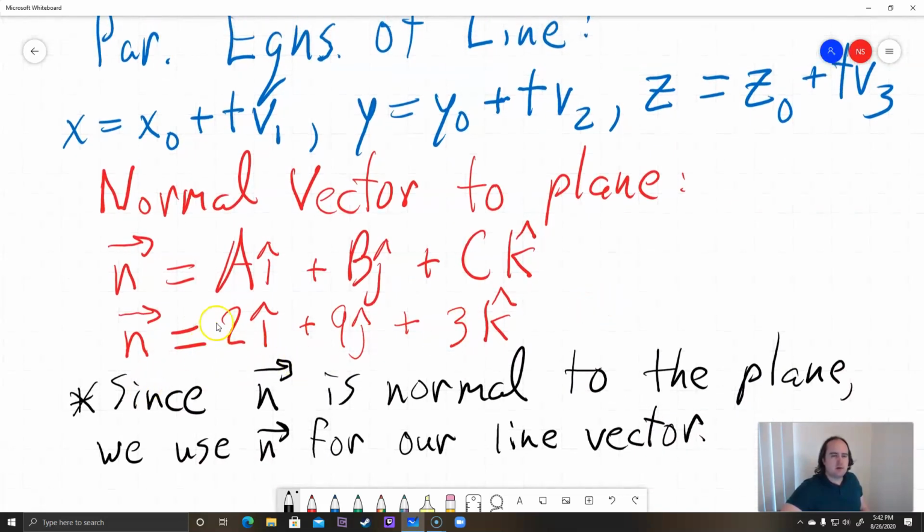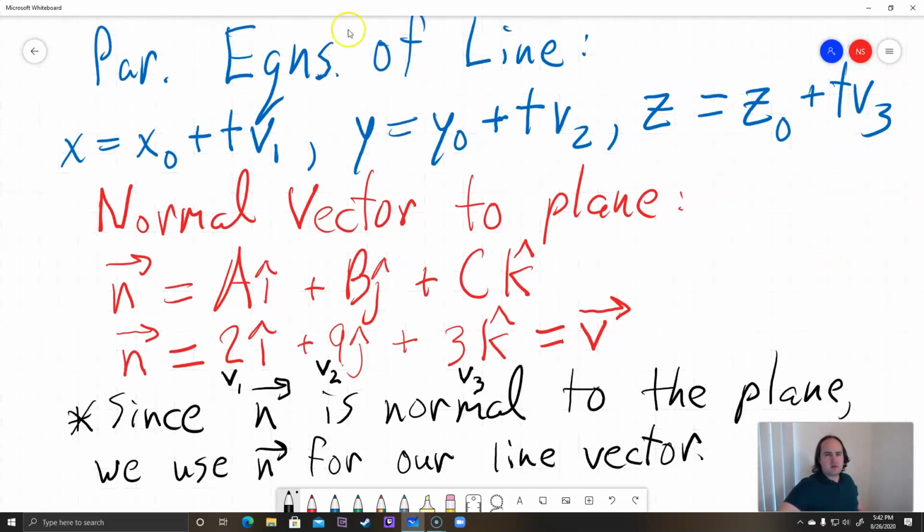So remember, this is our vector n, but now it's actually going to be considered our vector v as well, since it's going to be our v1, v2, and v3 for our line. Okay, so v1 here is going to be 2, v2 is going to be 9, and then v3 is actually 3.